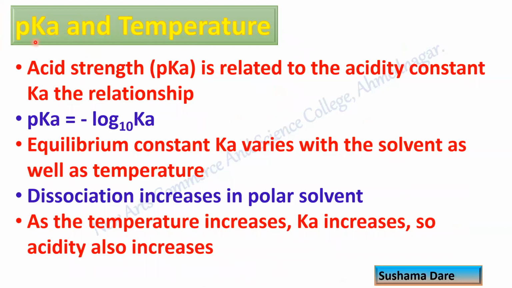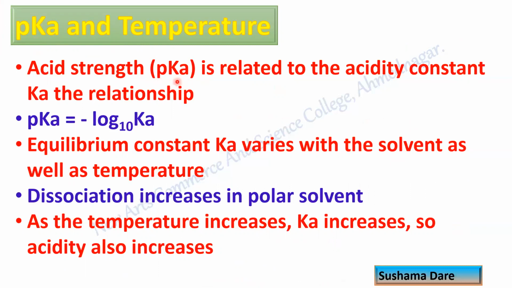The last factor under the heading of strength of organic acids. Now, which is the another factor that is responsible for the acidity? That another factor is temperature and solvent. So what is the effect of temperature and what is the effect of solvent on the acidity? That we have to discuss over here. So what is acid strength?